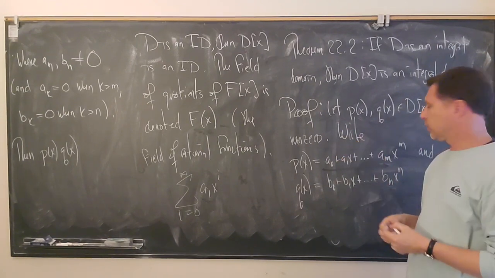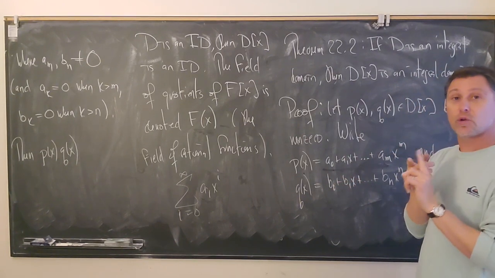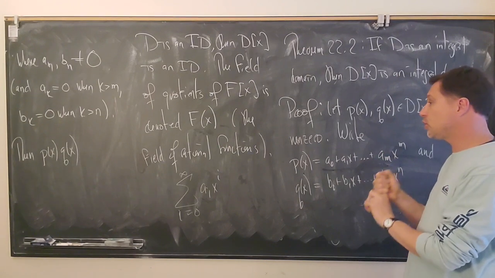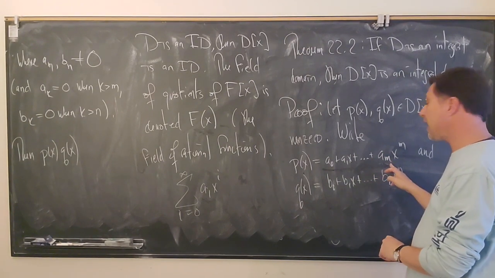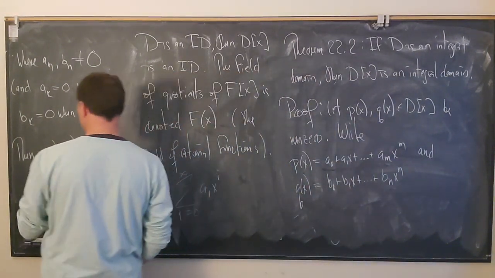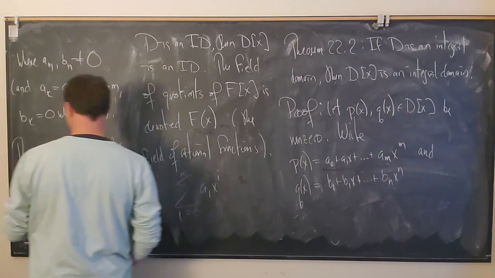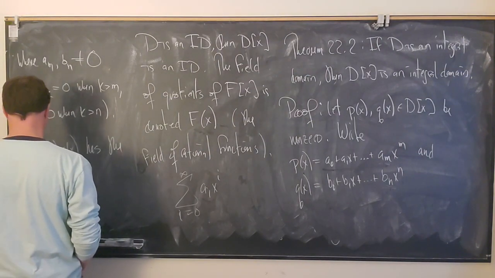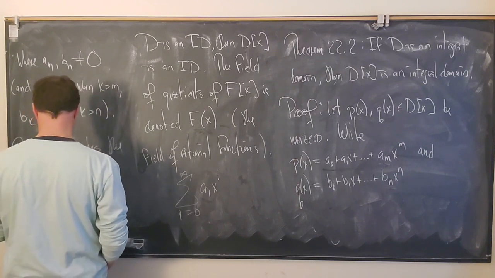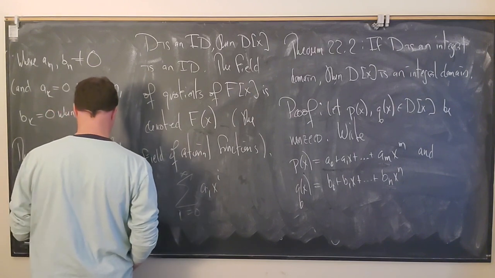I don't know exactly what they are because some of these coefficients could be 0, but one non-zero coefficient that I'm guaranteed the polynomial p of x times q of x has is a sub m times b sub n. So p of x times q of x has the term a sub m b sub n x raised to the m plus n.